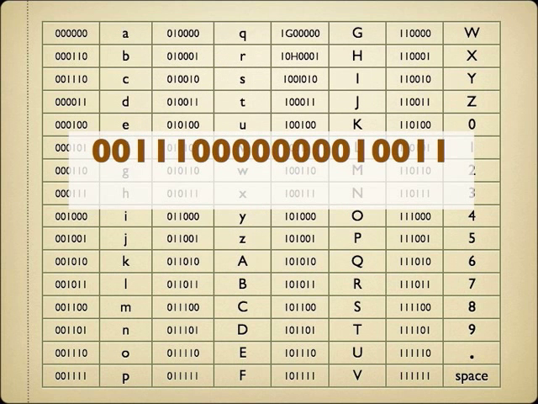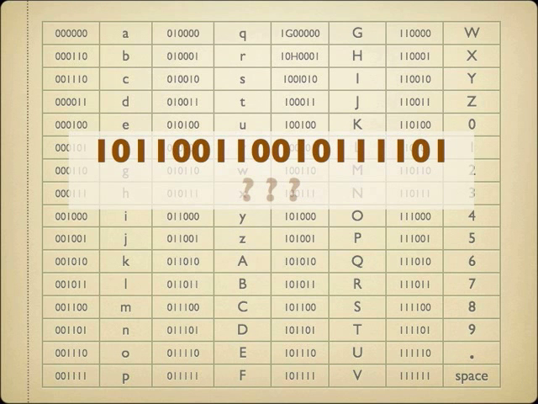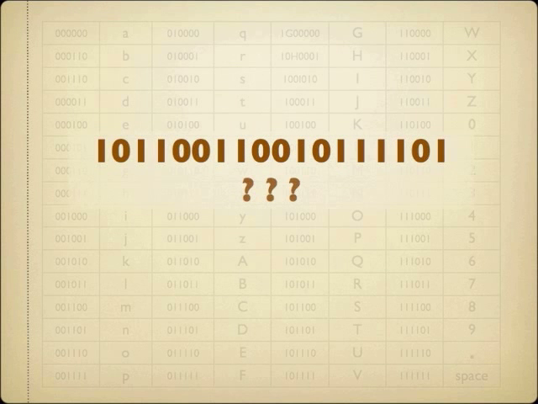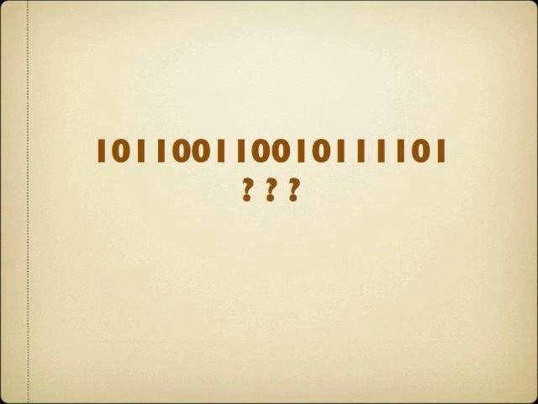This bit sequence spells out C, A, T. Of course, when presented with a sequence of bits, you have to have the table to make sense of it. This is a real problem for archivists and historians working with old computer files. A bunch of bits by itself is meaningless.